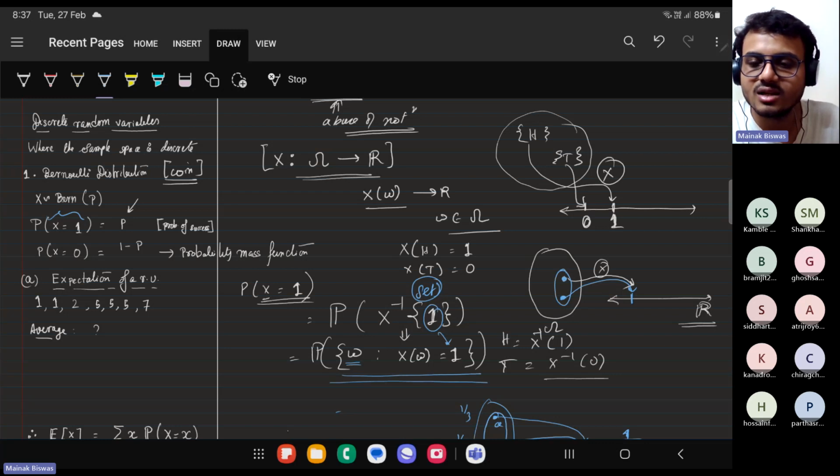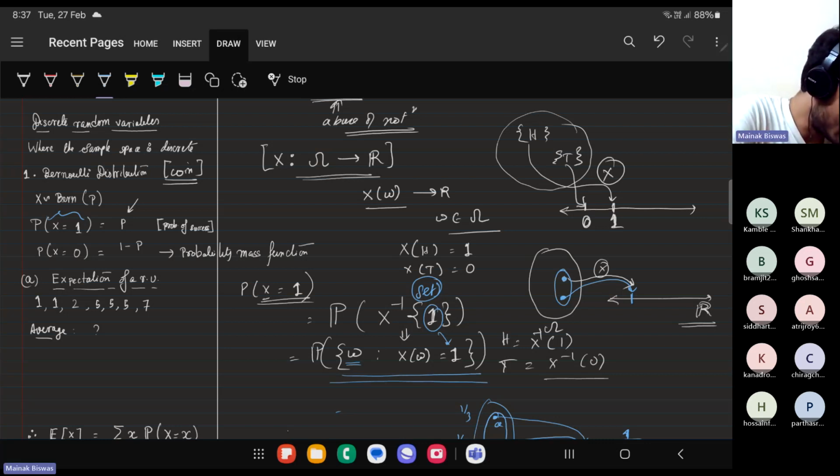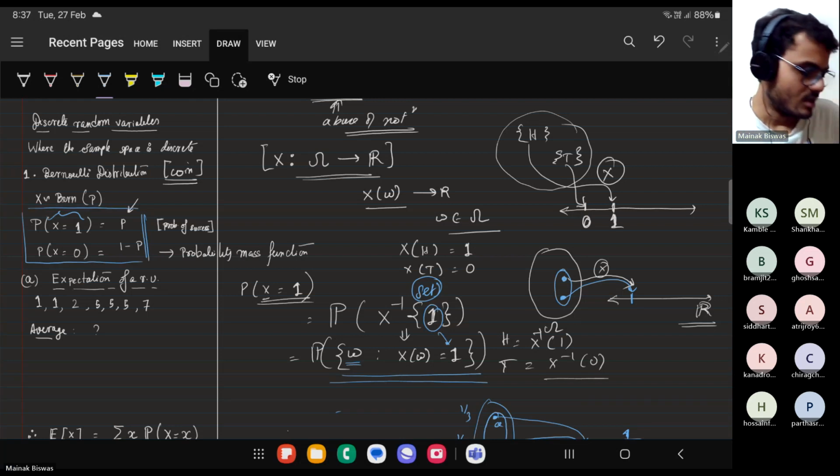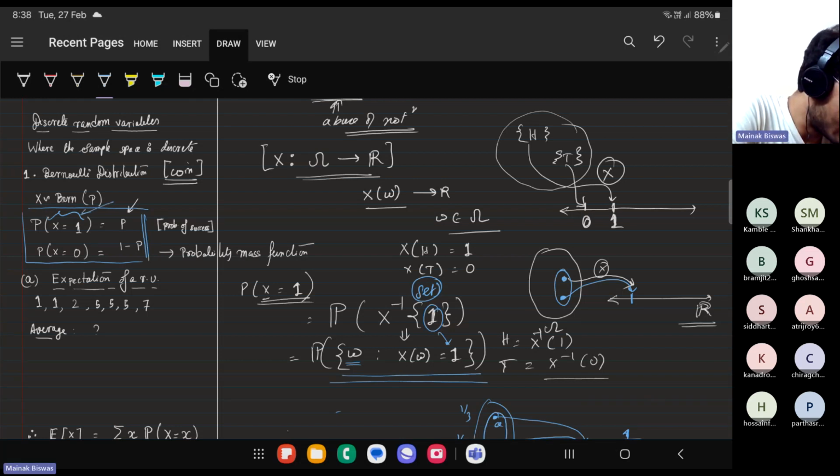So x can take values either 0 or 1, and taking the value 1 has a probability of P and probability of 1 minus P if it has to take a value of 0. Do you agree? This is the definition of a Bernoulli random variable. So this can be equivalent to a success, and this can be equivalent to a failure.